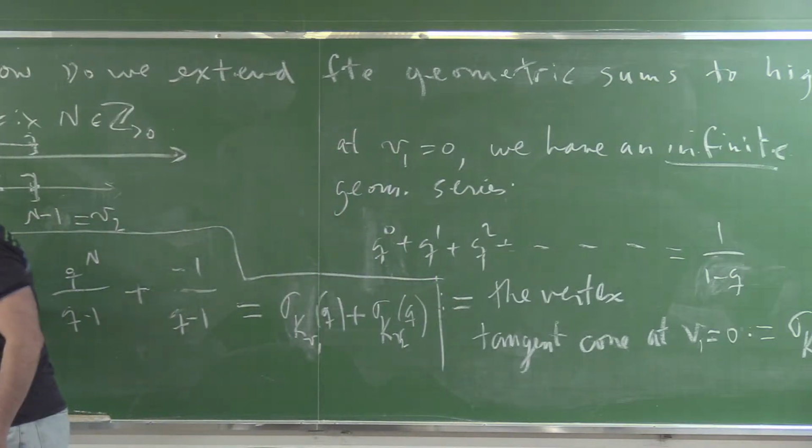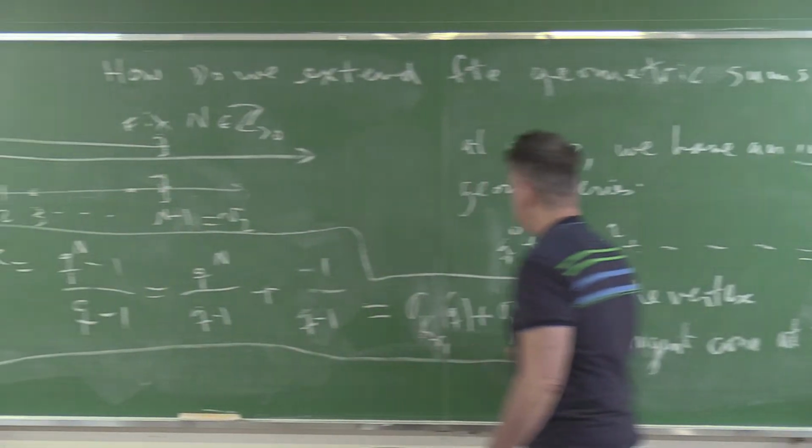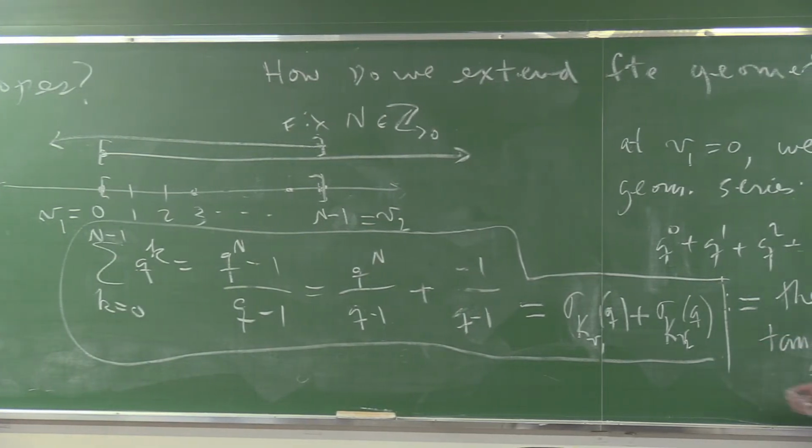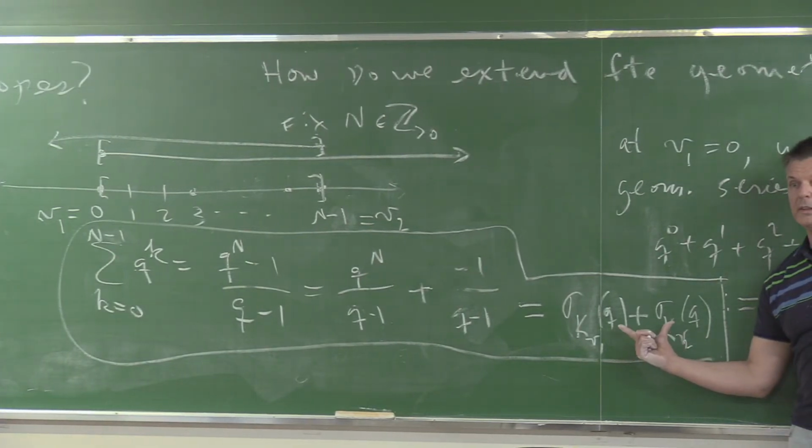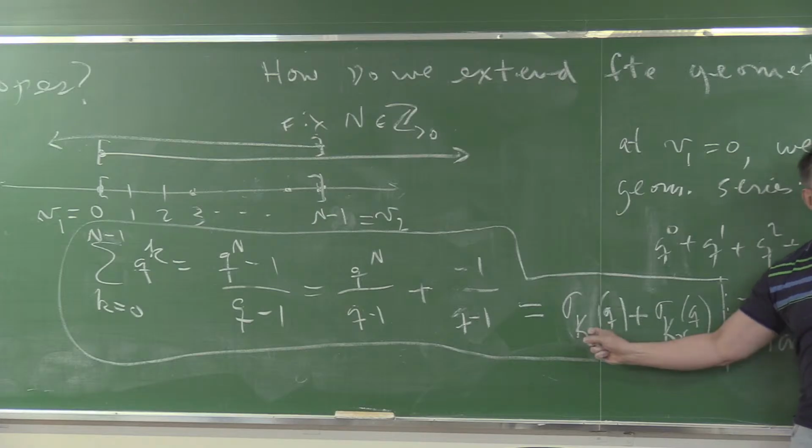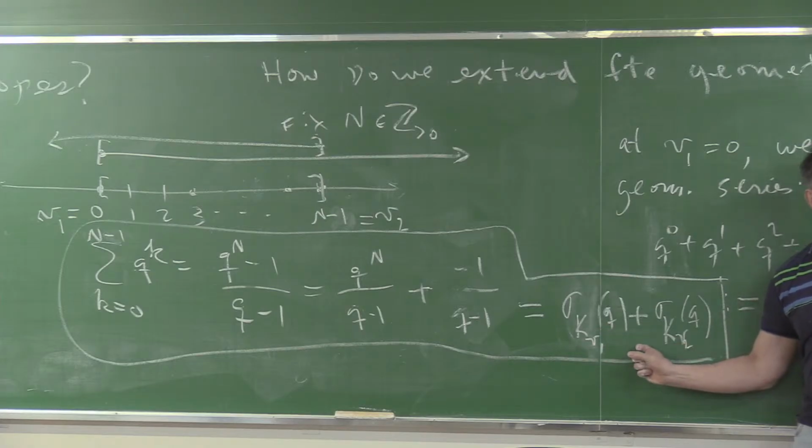So our elementary fact that we know from elementary school has now become new to us, and now it's a sum of two vertex tangent cones. Is this okay so far?